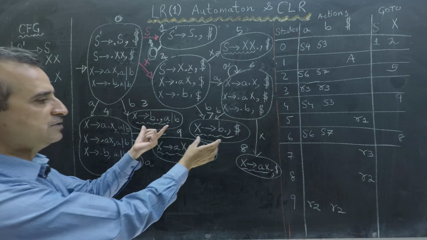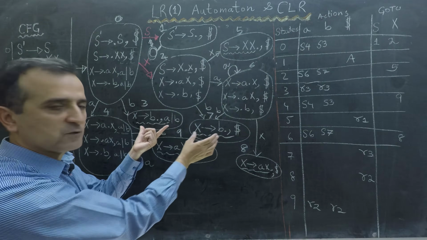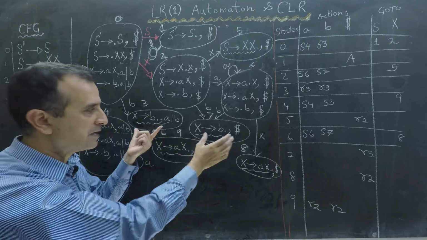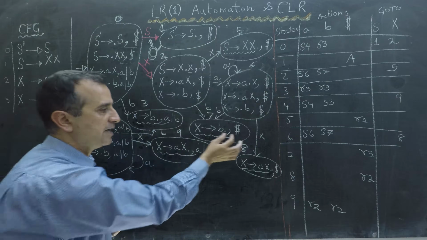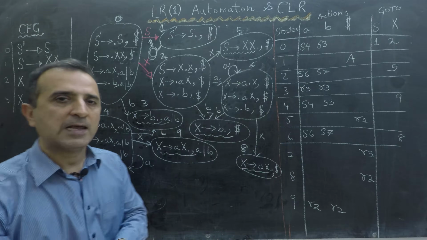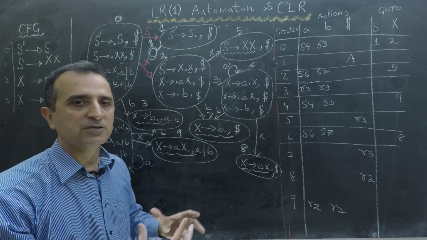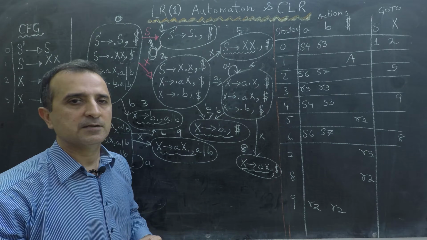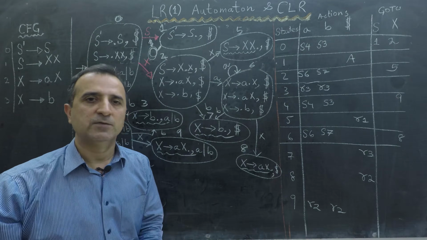Similarly, these two states are the same in terms of productions, but we have treated them separately because they had different look ahead symbols. In LALR, we will combine those states into one state. So let's see that in the next video. Stay tuned.